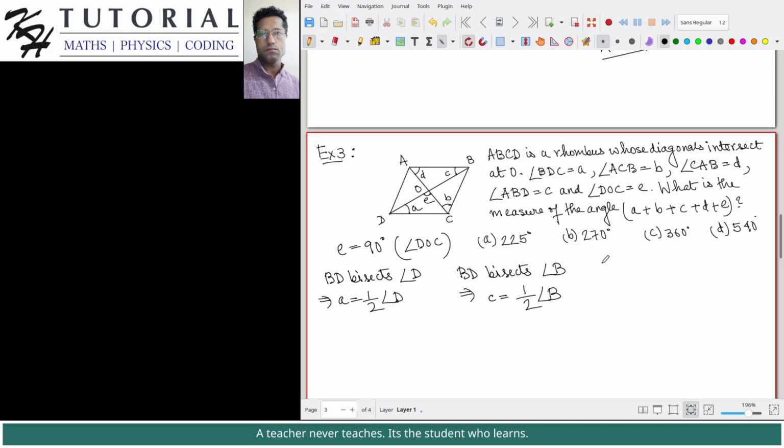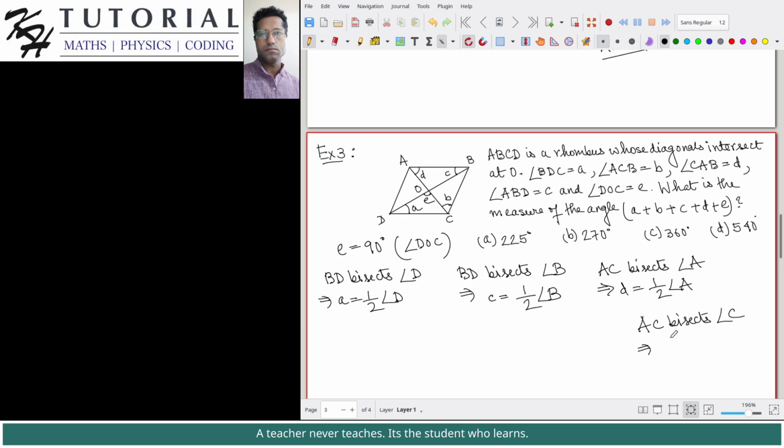Also, AC. This is the main concept, that the diagonals of a rhombus bisect the angles of the rhombus. So AC bisects angle A. So this will imply the angle D is equal to half of angle A. And finally, AC also bisects the angle C of the rhombus.